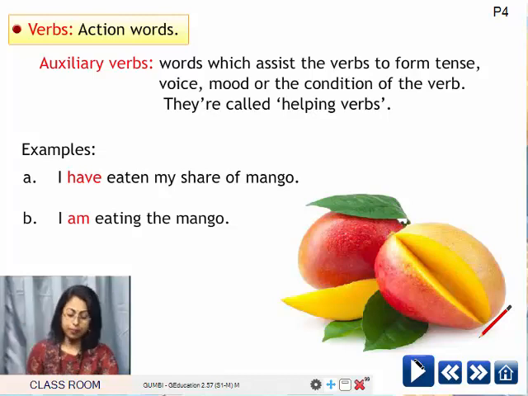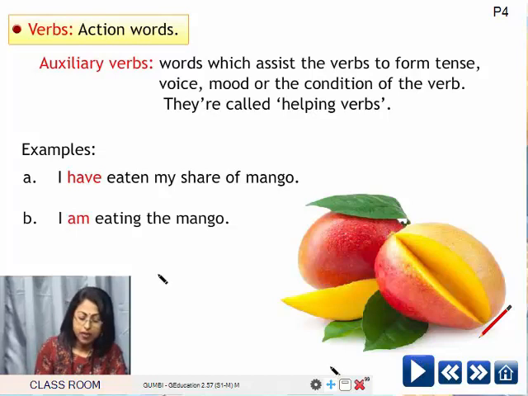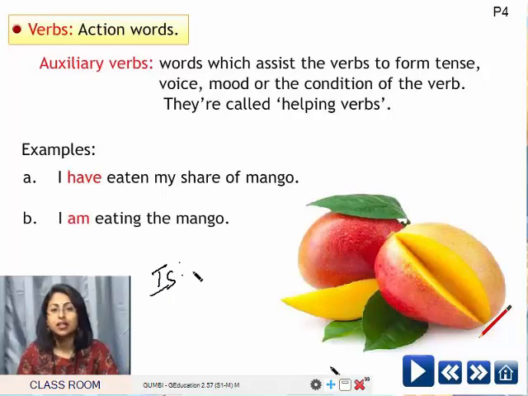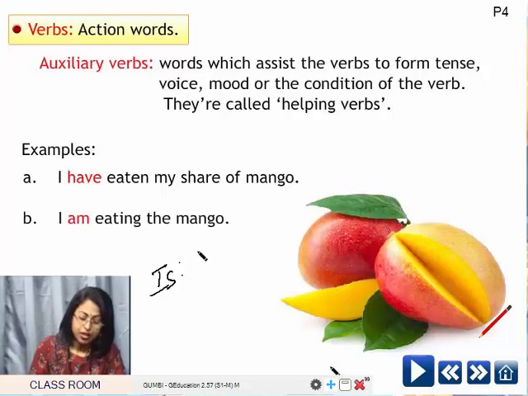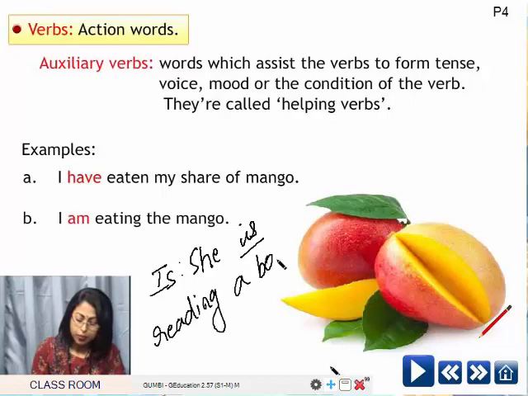Okay, can you give me some more examples? Now, let's say with is. Give me an example with is. She is reading a book.